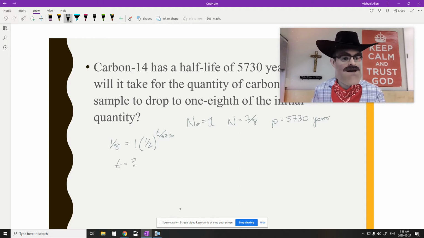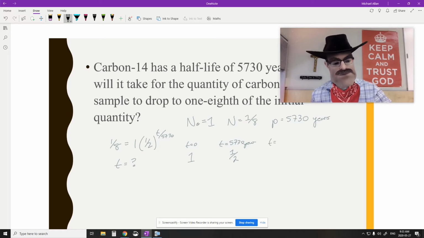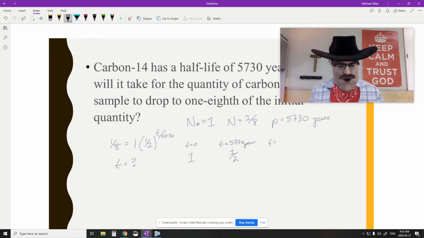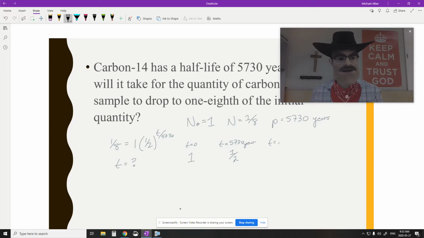is that if I start off with 1, so this is time 0, 1 half-life later, I'm going to have a half. 2 half-lives later, there's always going to be a nice whole number, so what's that number times 2? 11,460 years. So this is the second half-life.